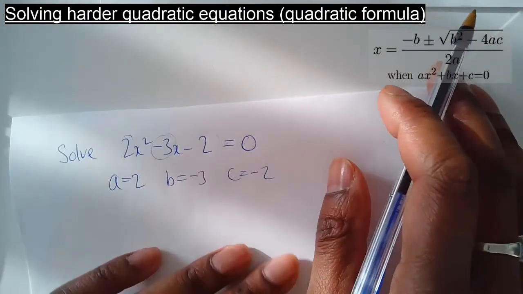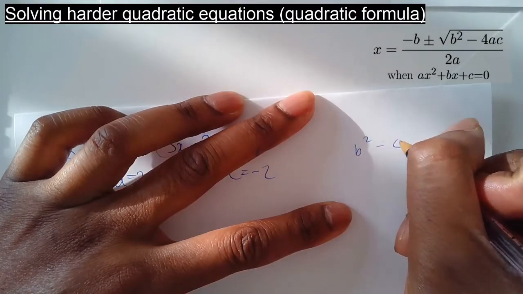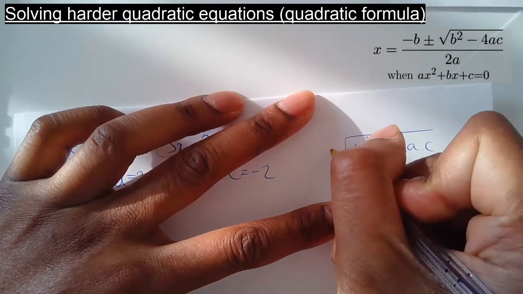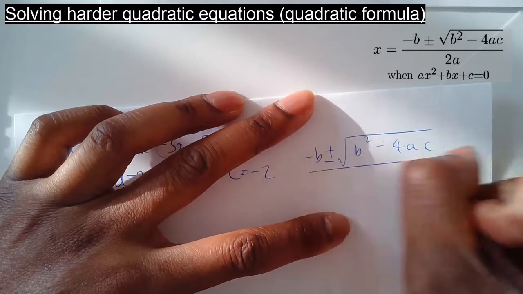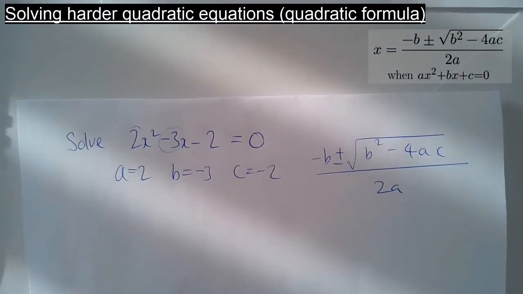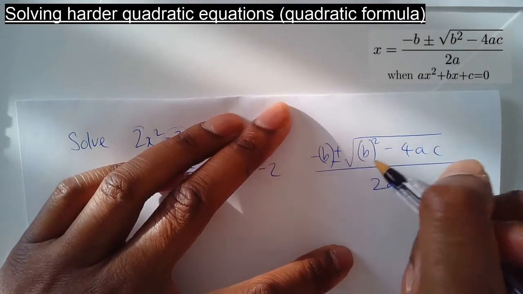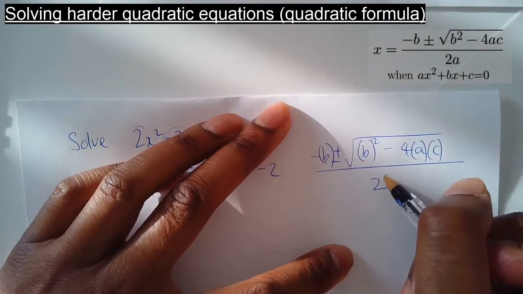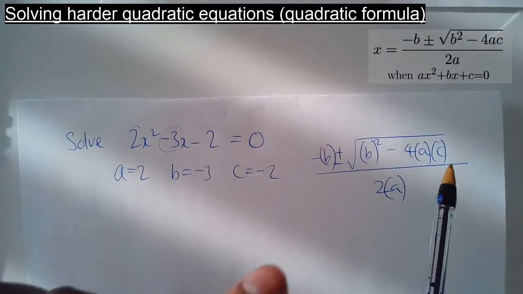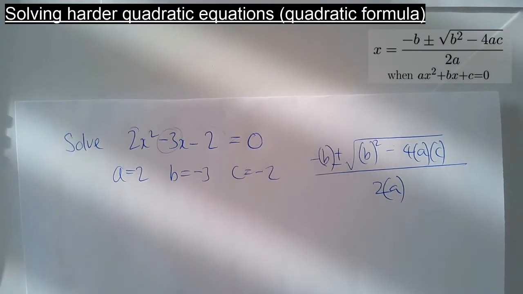So now quickly jot down the quadratic formula. The entire thing is a fraction. Now what I like to do is put brackets around these. When I type this formula into my calculator, the brackets are very useful to contain negative numbers.